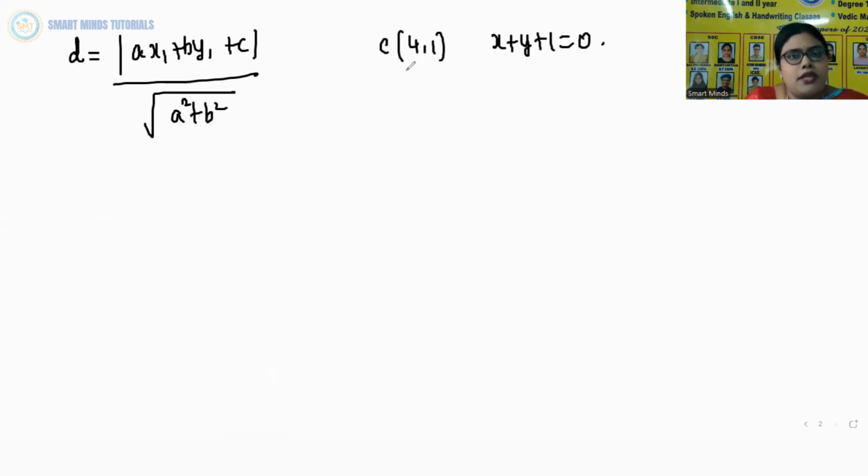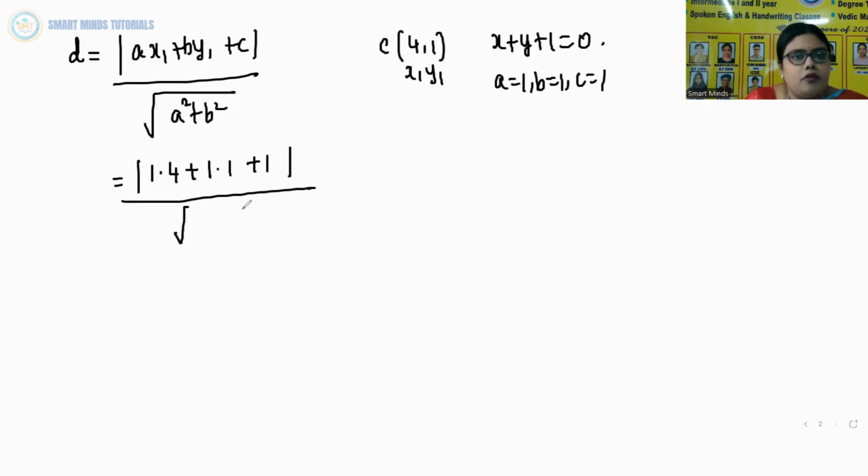So as I told you, center we take it as x1, y1, and from line equation we get a is 1, b is 1 and c is 1. Now we substitute these values in perpendicular distance formula. So that is mod a is 1, x1 is 4 plus b is 1, y1 is 1 plus c is 1 by root over a square plus b square. That is 6 by root 2.